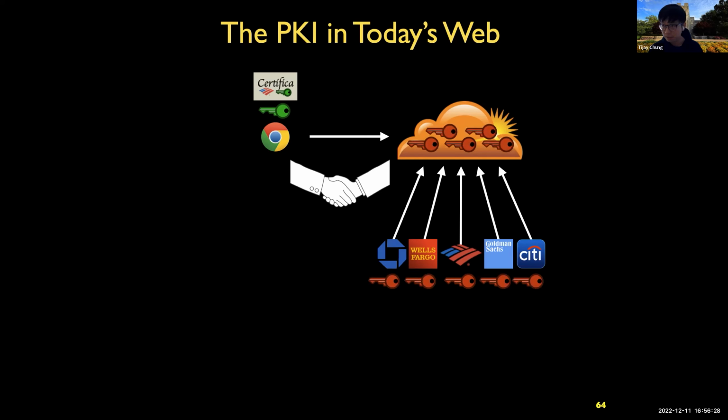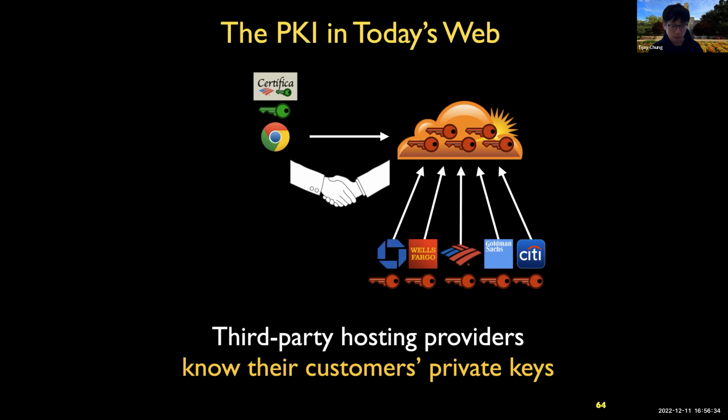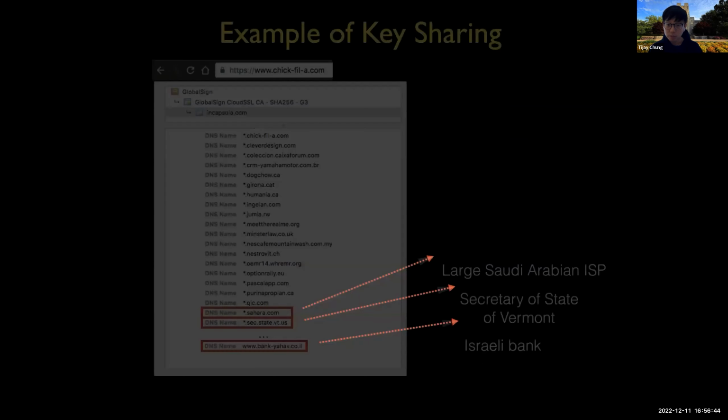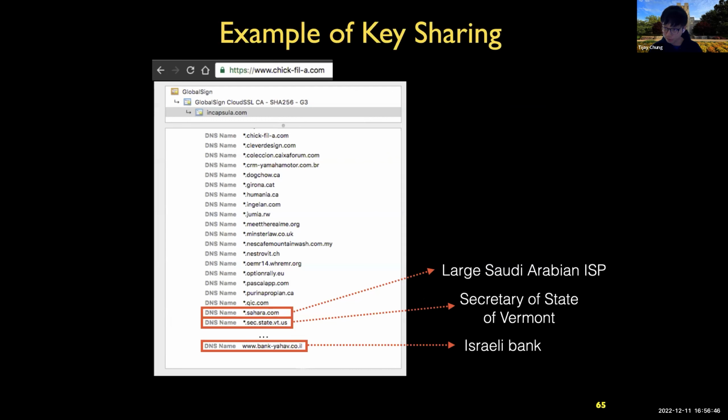Okay, not only a single key, but many private keys. So in other words, third-party hosting providers know their customers' private keys, which breaks the fundamental assumption of the TLS handshake, right?